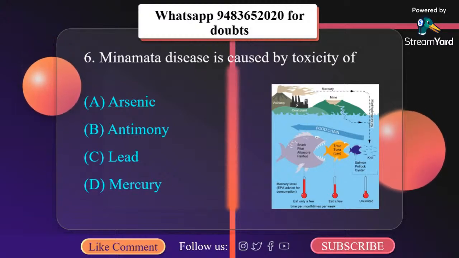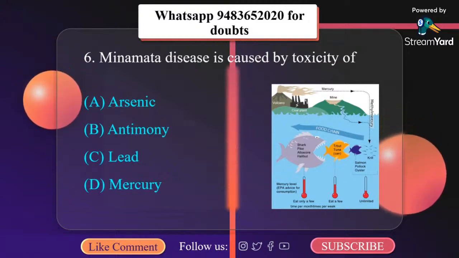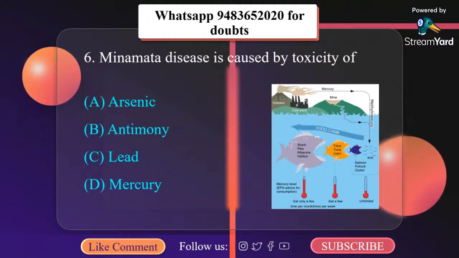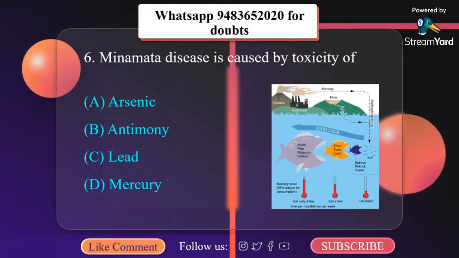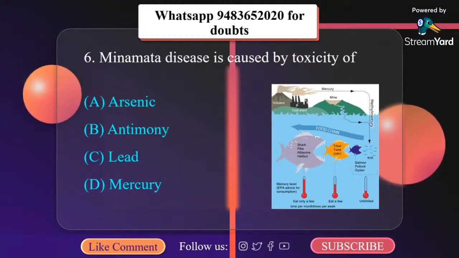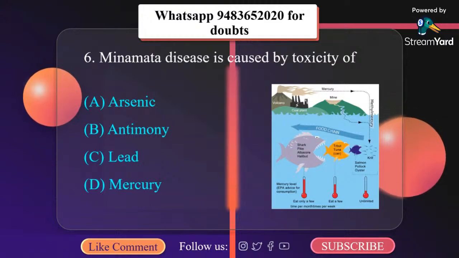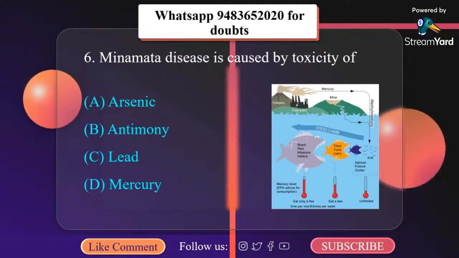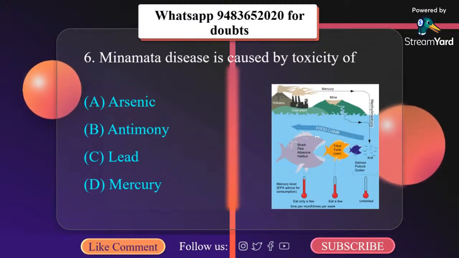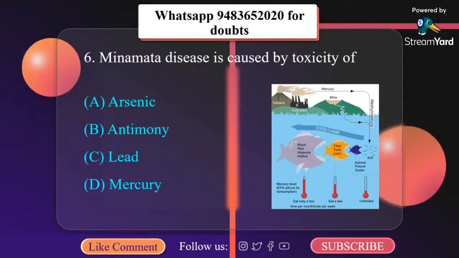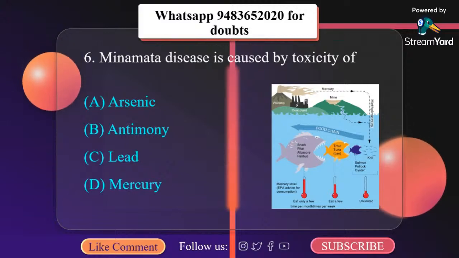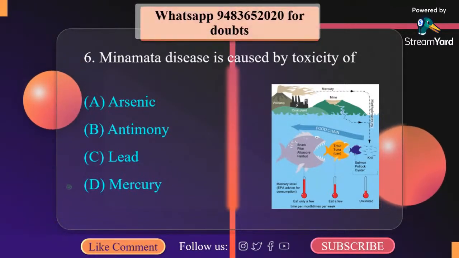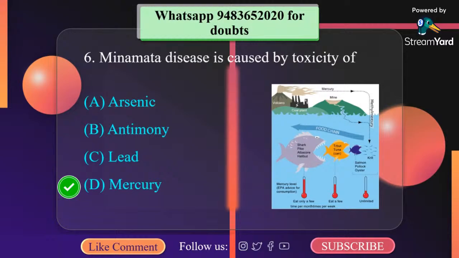For many years, no one realized that the fish were contaminated with mercury and that it was causing a strange disease in the local community and in other districts. At least 50,000 people were affected to some extent and more than 2,000 cases of Minamata disease were certified. Minamata disease peaked in the 1950s, with several severe cases suffering brain damage, paralysis, incoherent speech, and delirium. So the correct answer is mercury.